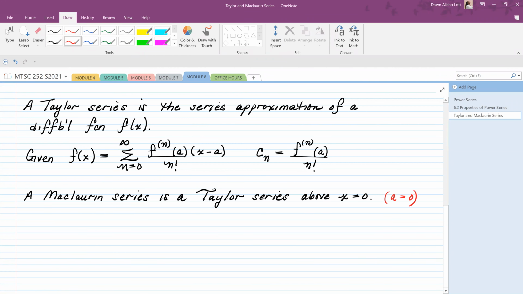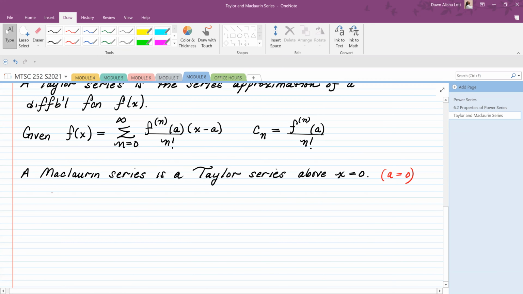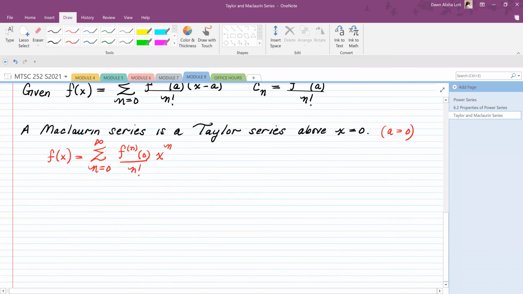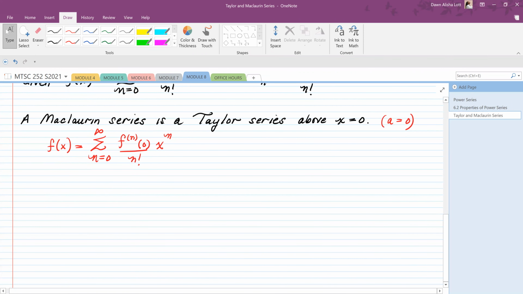So a Maclaurin series for a function f of x is the sum n equals 0 to infinity of the nth derivative evaluated at 0 over n factorial times x to the n. Okay, so the only difference between the Taylor series and the Maclaurin series is that the Maclaurin series is about x equal to 0, where that a is 0.